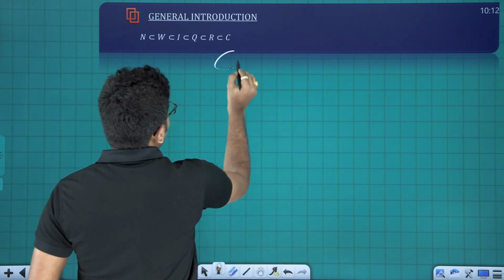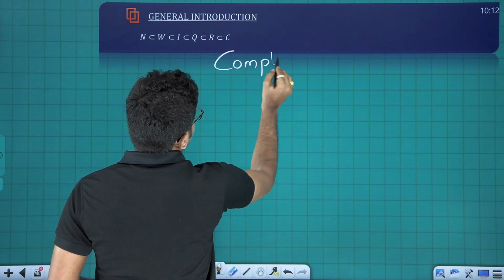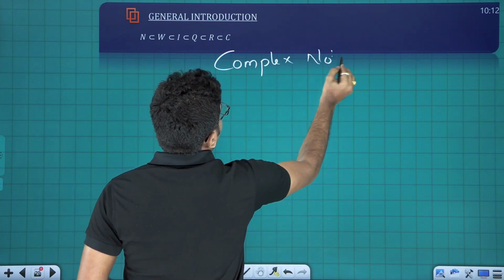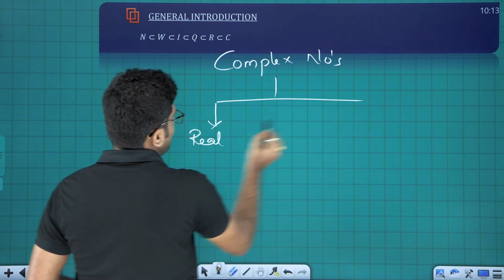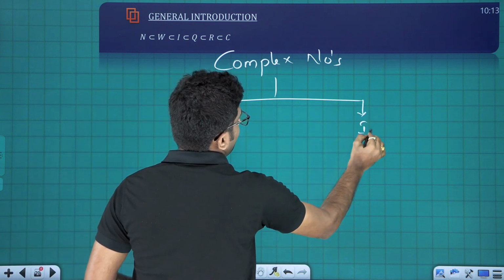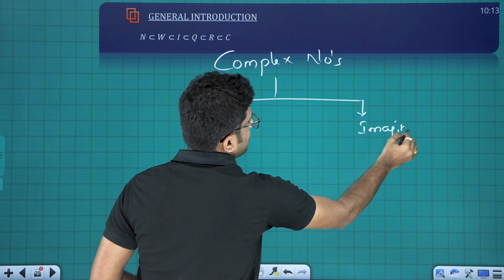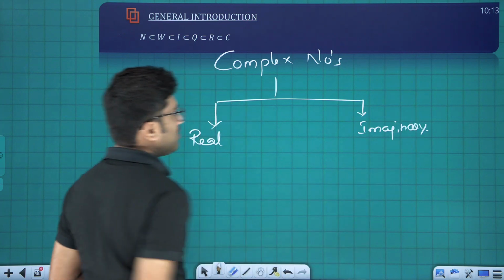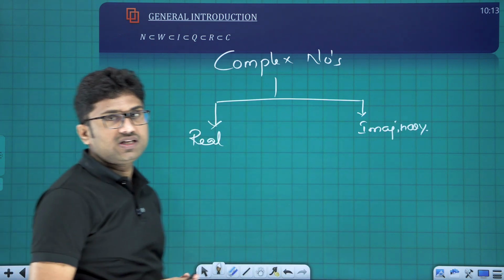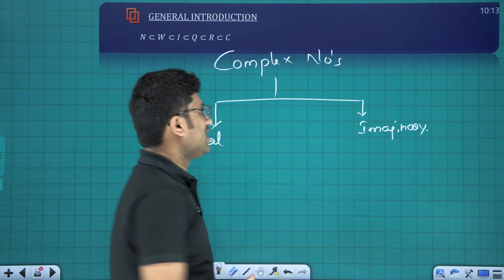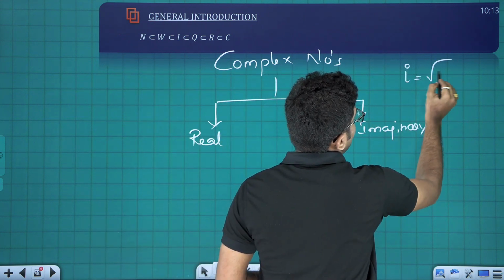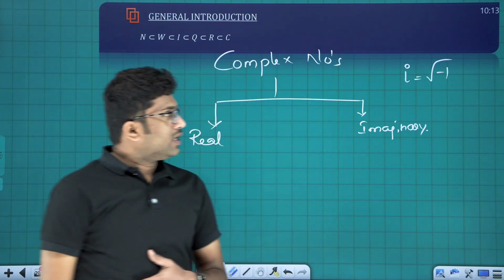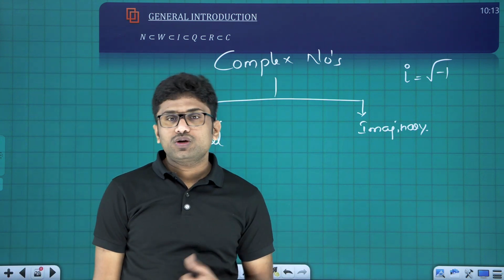In general, friends, if you observe the number tree, complex numbers have been classified into real and imaginary. Now what are these imaginary numbers? Imaginary numbers means any number associated with the imaginary unit i. What is i? i is called iota, and we give the value of i as square root of -1.